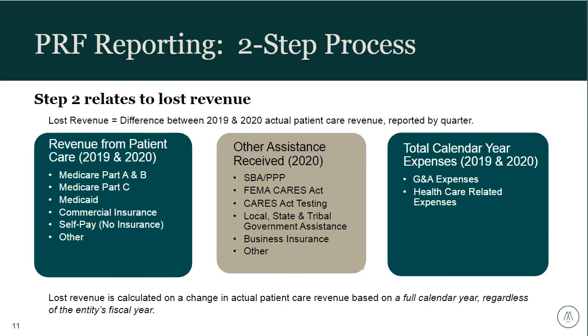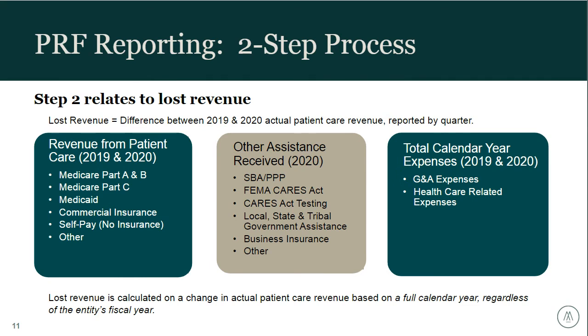So, at least with current guidance, we're not going to calculate what that difference was and report it ourselves, but we'll need to be prepared to have that information for all of the quarters of 2019 and all of the quarters of 2020 to report when that portal opens. Thanks, Georgia.